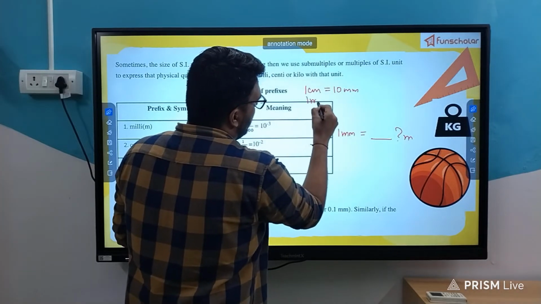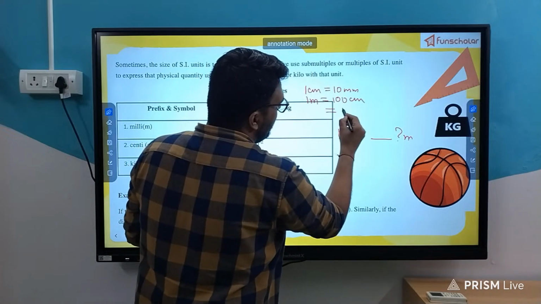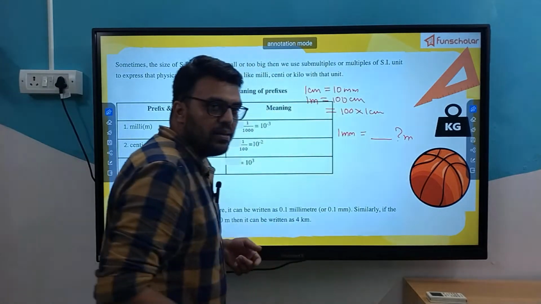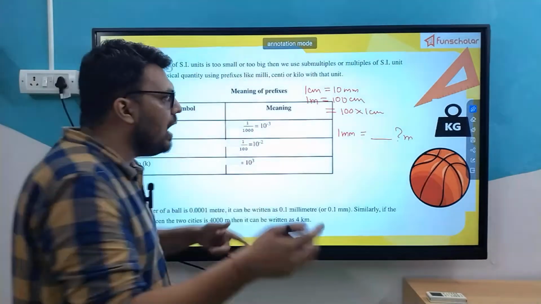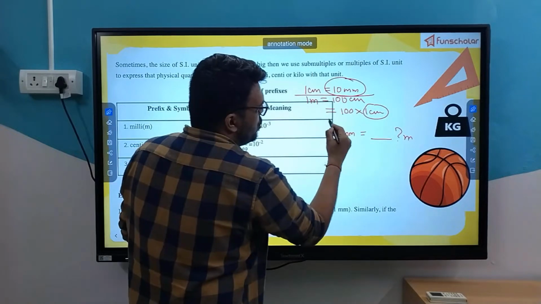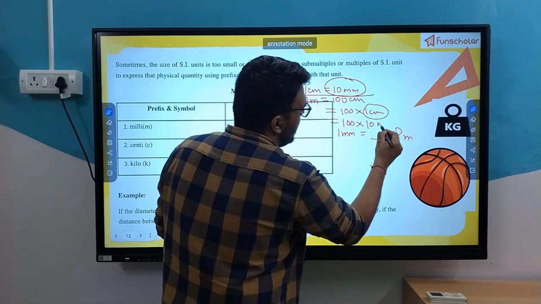We also know that 1 meter has 100 centimeter. Now can I write this 100 centimeter as 100 into 1 centimeter? I am just multiplying 1 with something, so it is going to be the same. Now in place of 1 centimeter I will put this value. So this will become 100 into 10 millimeters.